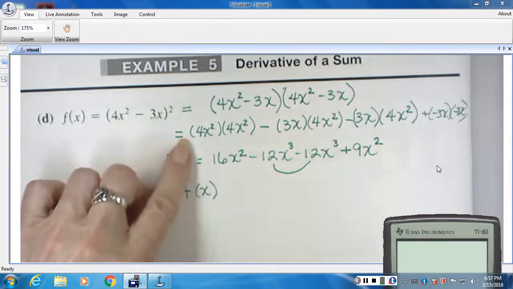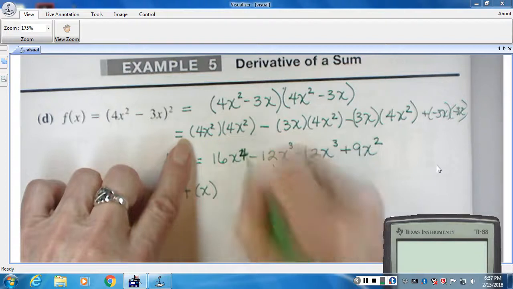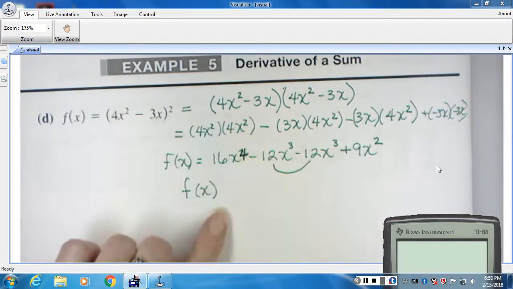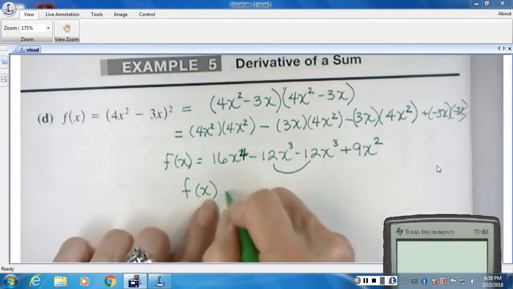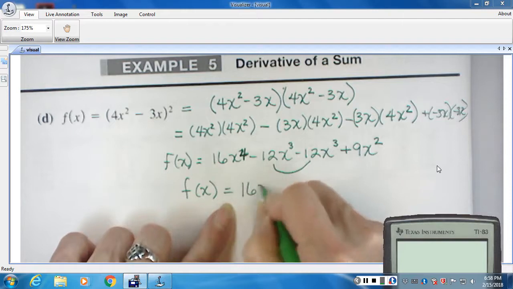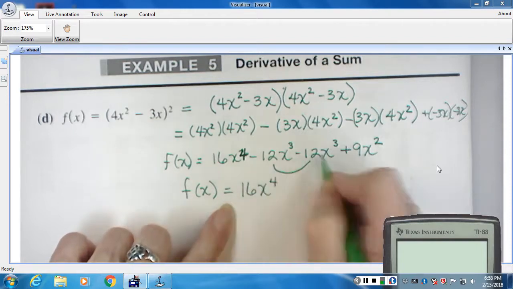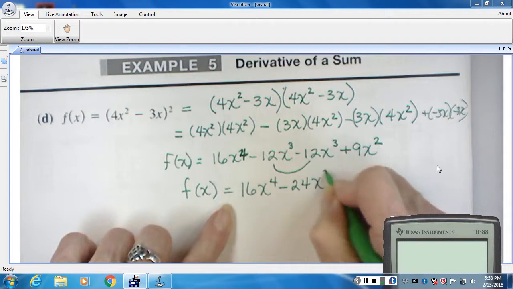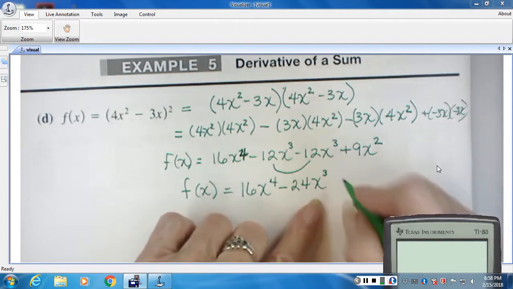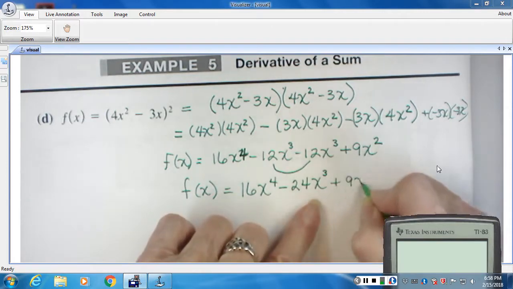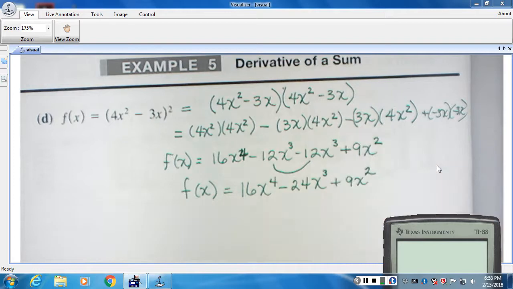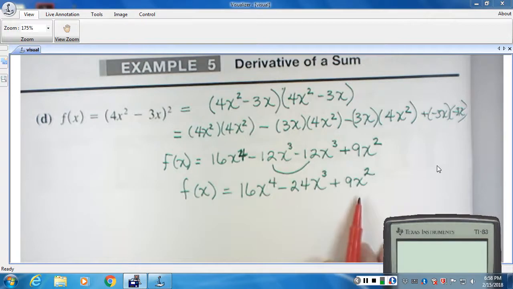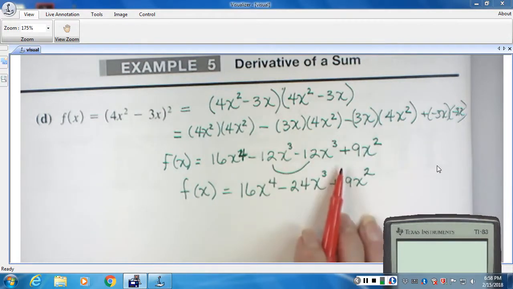Oh, it's to the fourth, thank you. 16x to the fourth, forgot to add my powers. So 16x to the fourth, minus 12 and minus 12 gives me negative 24x to the third, plus 9x squared. And now it's not at all hard to take the derivative of that. You can take the derivative of this faster than you could do all the rest of that stuff.